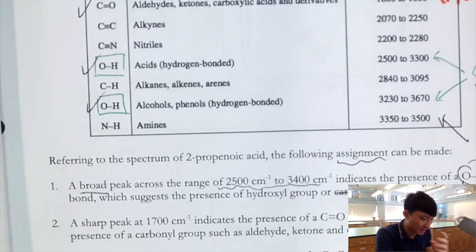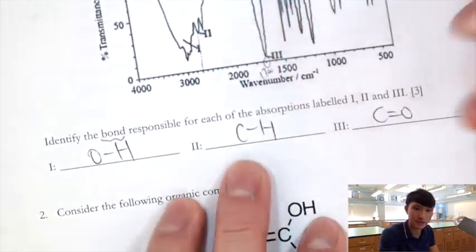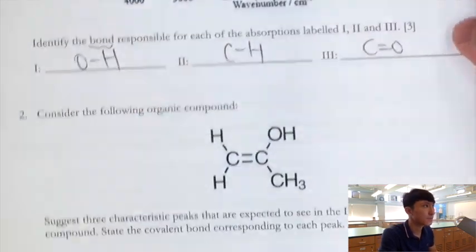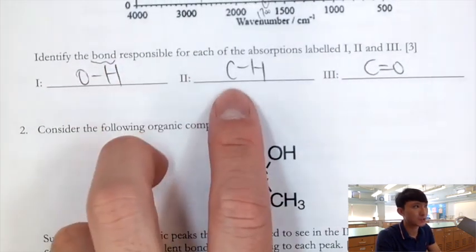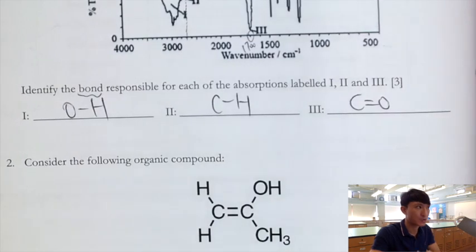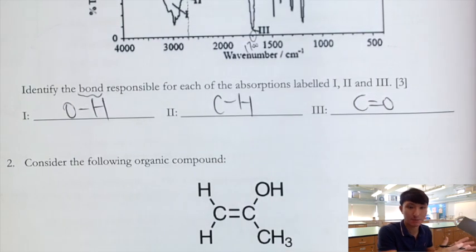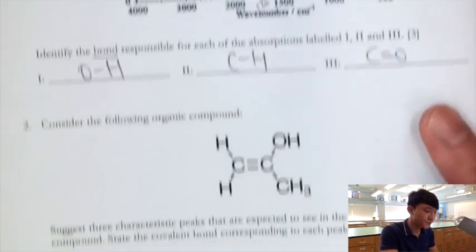So in this case, the most relevant bond would be the CH. So this one is actually corresponding to the CH bond. Sometimes the actual wave number may fall outside the given range. So you need to adapt to it.